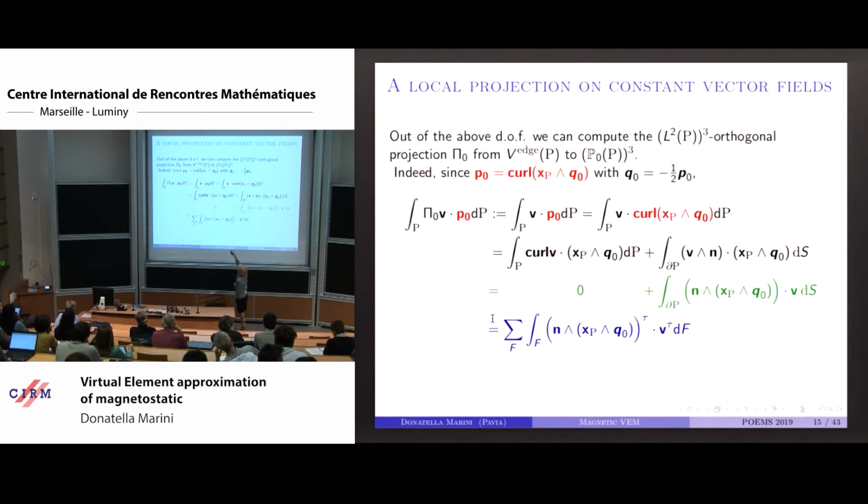This integral is 0, because it's imposed in the definition of the space, plus the boundary term that we rewrite in green there, and then the integral on the boundary is written as the sum of integrals on the faces, and on the faces, I told you before, we know how to compute integrals of edge 2D against the polynomials of degree 1.